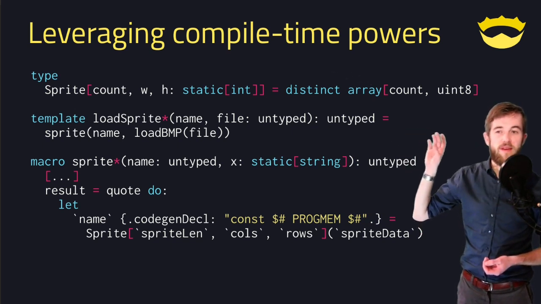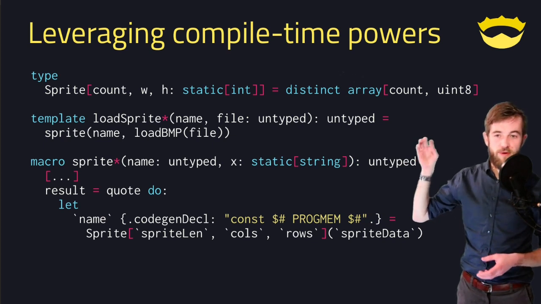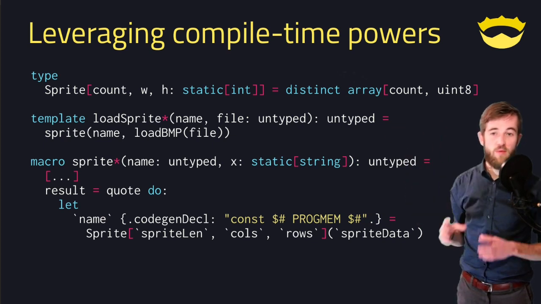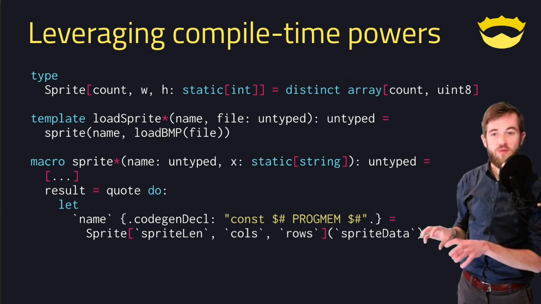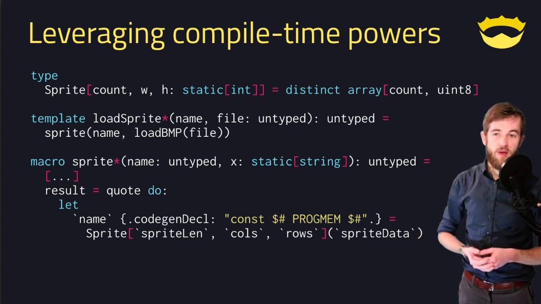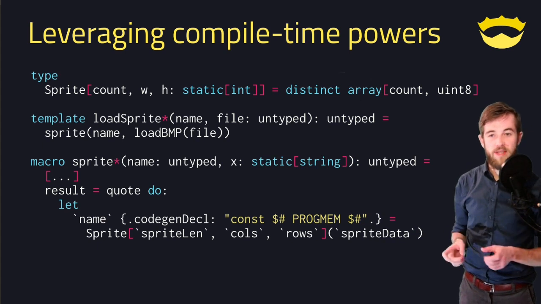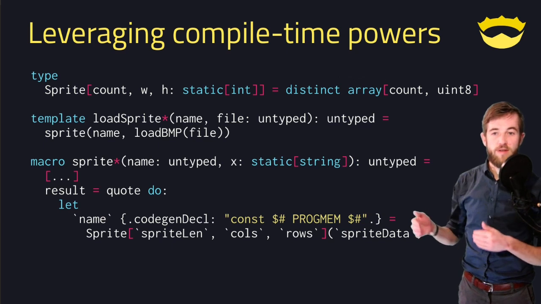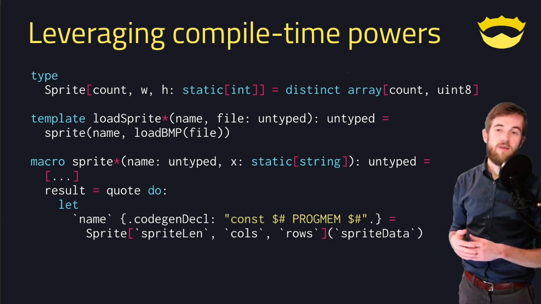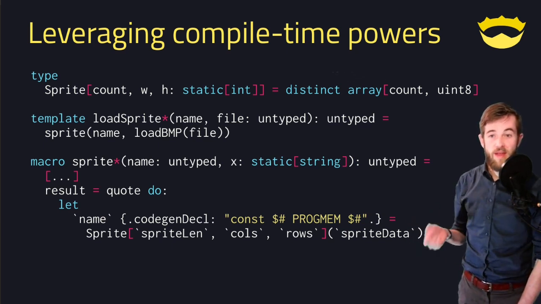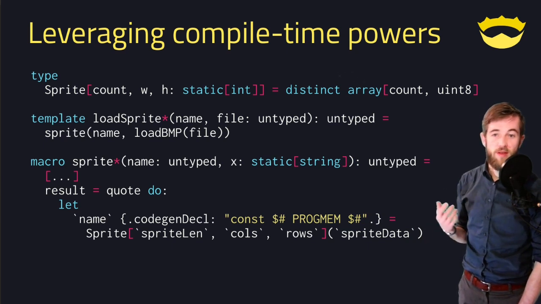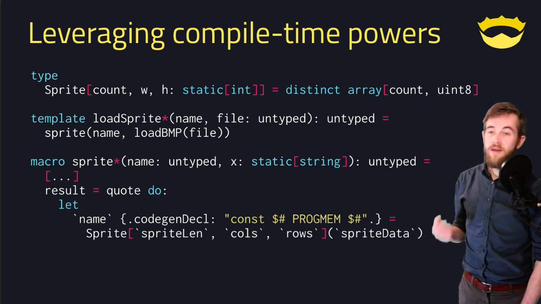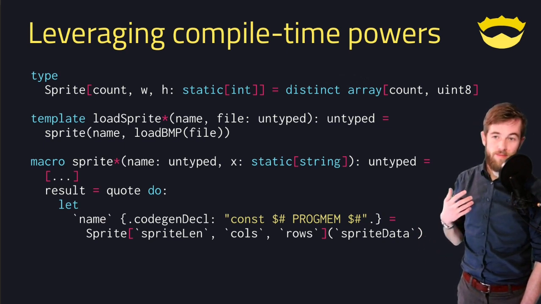They are creating a version of the generic sprite type, which has width and height coded into the type. So in my Nim code, I can now, at compile time, see how big my images are, and I can expand my function calls to draw sprites with this information. But they will never enter the program memory unless I use them, and unless I want them there.